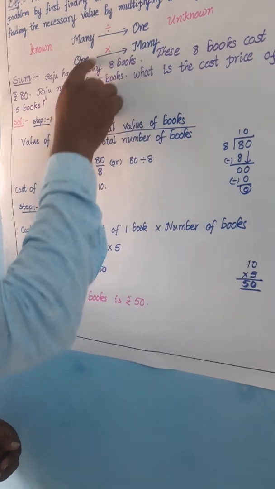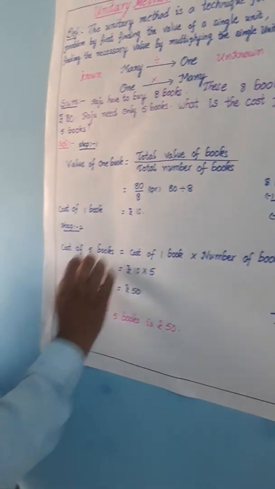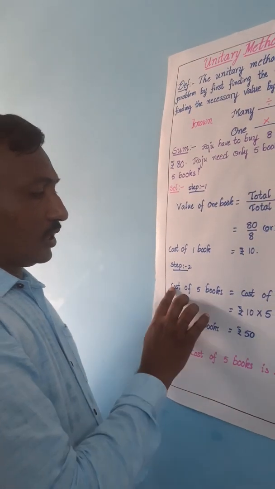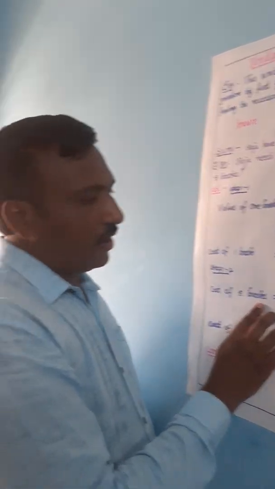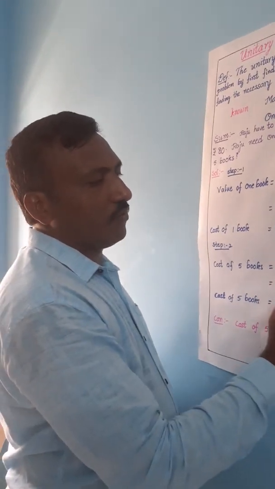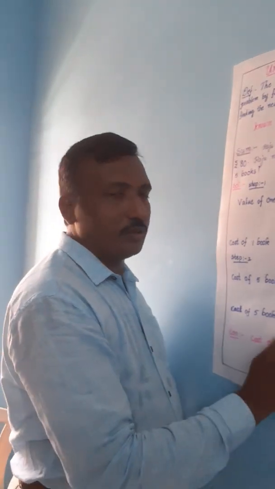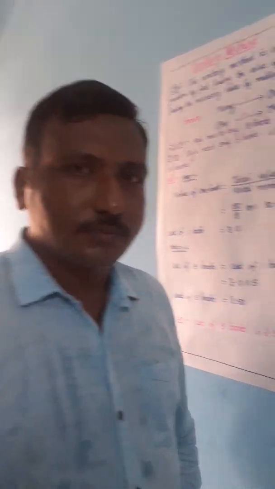Now the cost price of 5 books we find by using this formula: cost price of one book into number of books. So 10 rupees into 5.